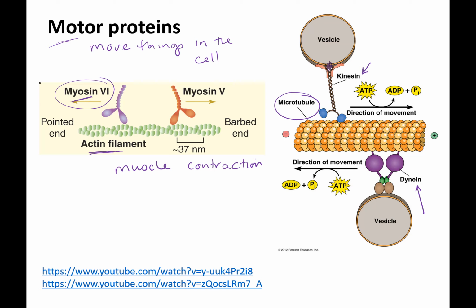The big difference between kinesin and dynein is the direction of their movement. So dynein moves what we call retrograde, which if you're looking at a cell, it means towards the nucleus. Kinesin, on the other hand, moves anterograde, and that means it moves toward the cell membrane or the plasma membrane.